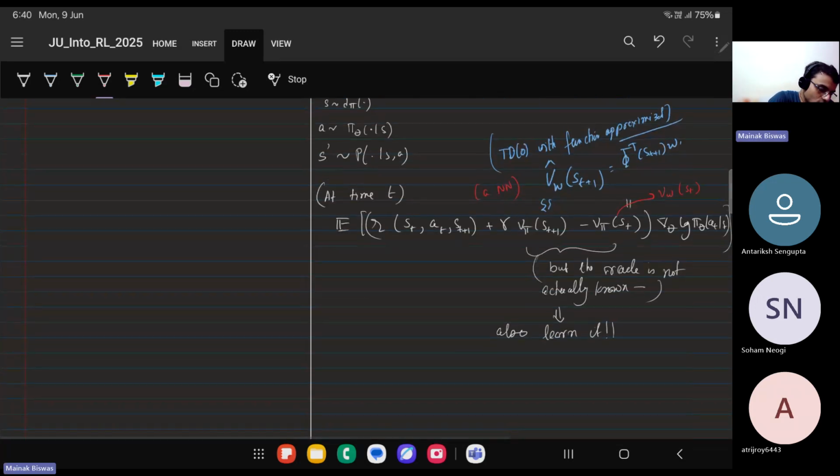Great. So now I have theta t plus 1 as the policy update: theta t plus alpha t times the reward at st, at, st plus 1 plus gamma times VW of st plus 1, and so on, is an example.